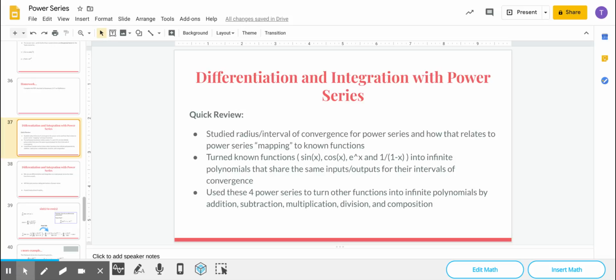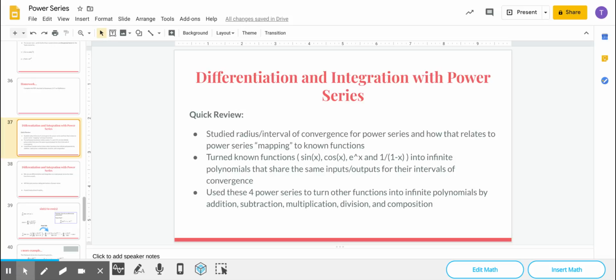And so the reason why we worked with those first was, number one, they're easy patterns to pick up on. So their actual power series were easy to create or come up with without having to do a whole lot of extra work. But beyond that, if we have these four big functions, we can do a lot with just these four to come up with power series representations of a whole host of other functions that are a combination of two to all four of these potentially.